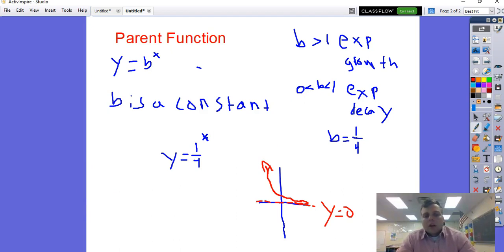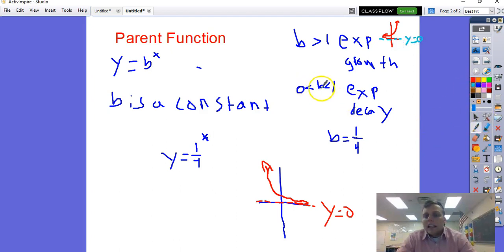So what we've covered so far is the parent function. The parent function is y equals b raised to the x, where b is a constant. The constant means it's just some number. There are two different types of exponential graphs. Exponential growth, which means that it's rising from left to right, and it still has that asymptote, which is a line I can never touch or cross, at y equals 0, or the x-axis, however you want to remember it.